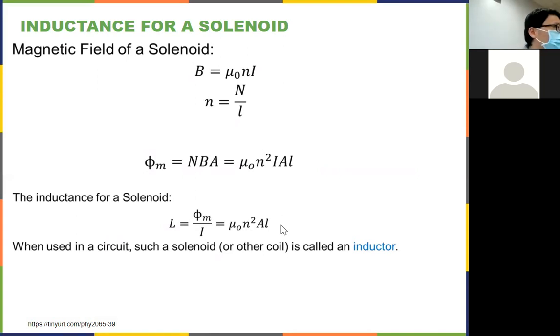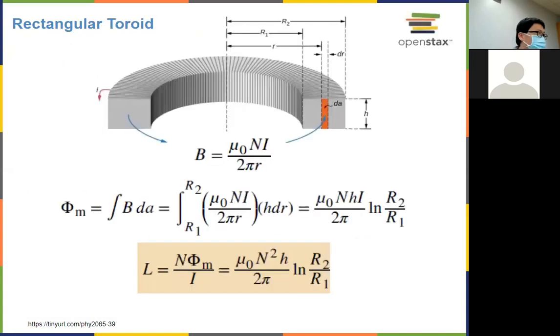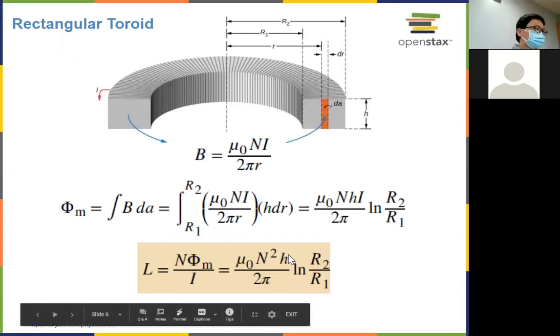So a solenoid is also called an inductor in the circuit. We also took a look at the toroid. Basically you do a similar procedure, calculating the induced magnetic flux and dividing by the current, to get that expression.